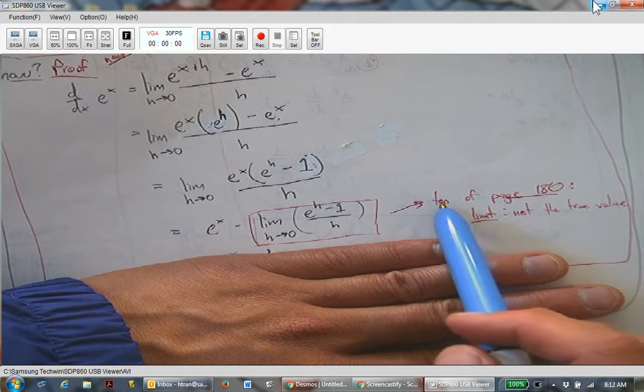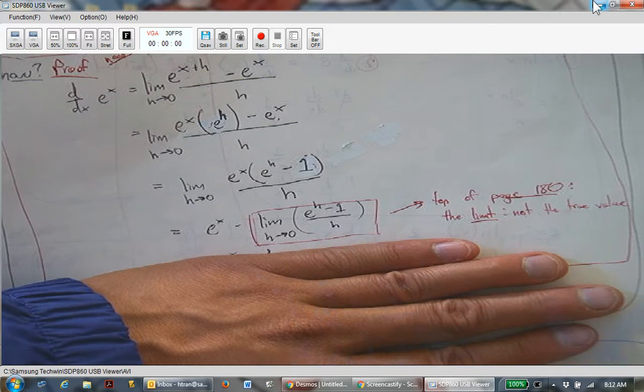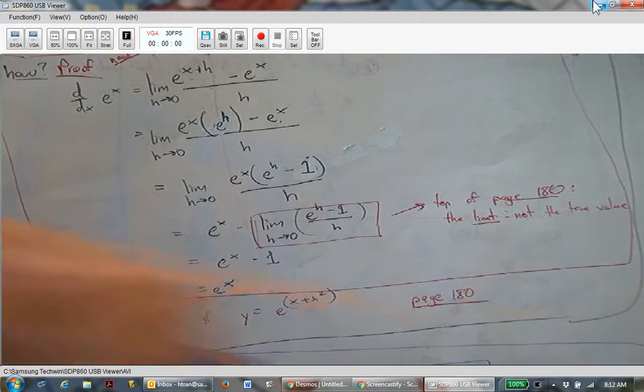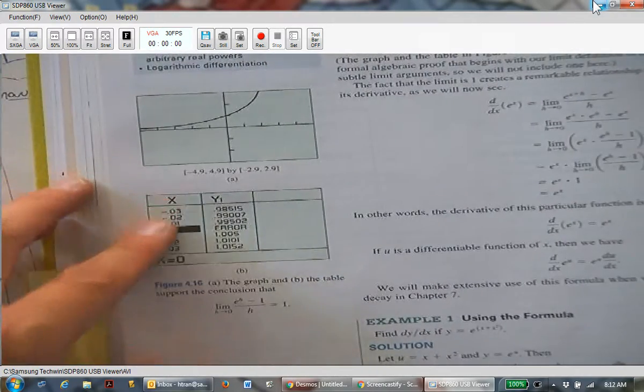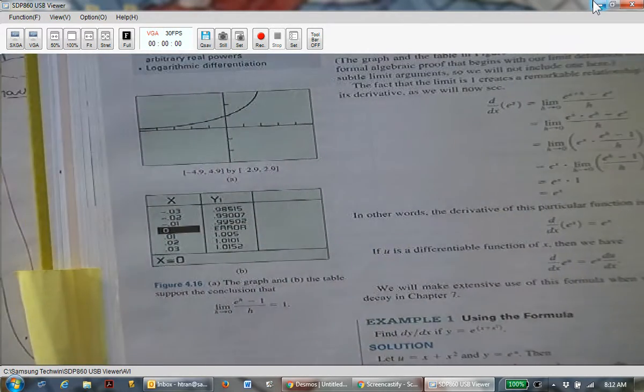You can just write down top of page 180 what this is going to equal. Are you ready for me to switch gears to the book so I can show you what I'm talking about? This is more to the side of page 180. What you're looking at is the graph for this.